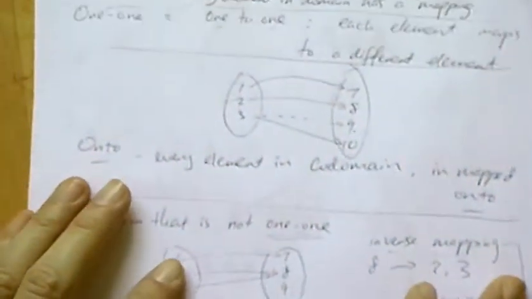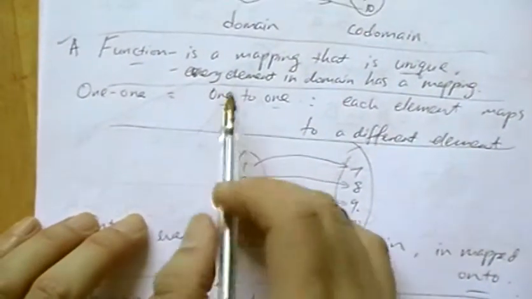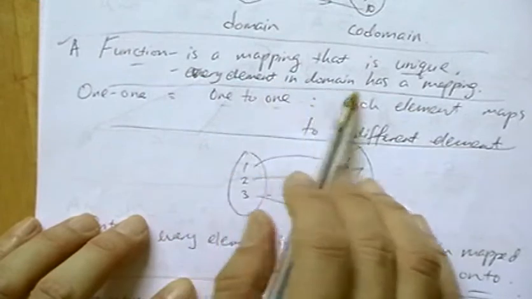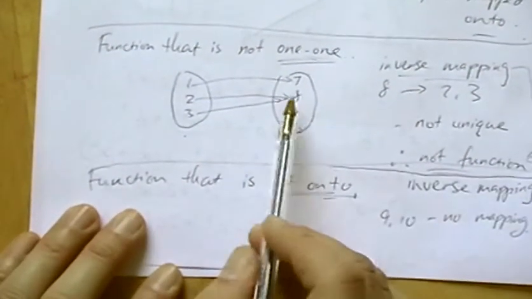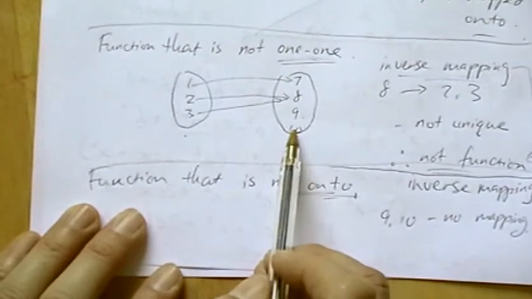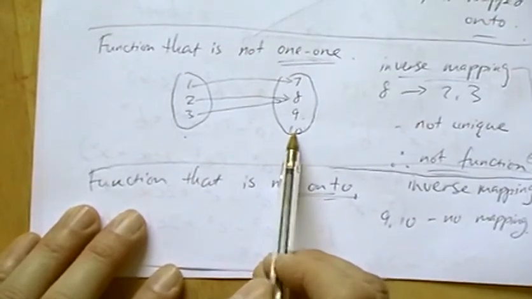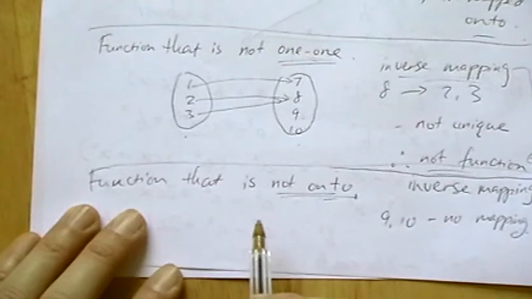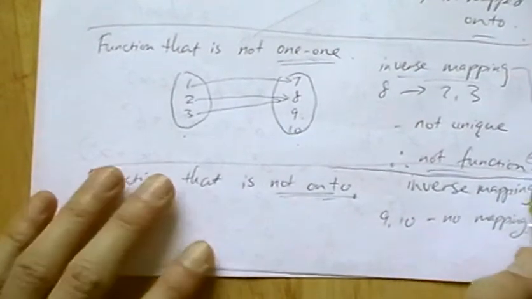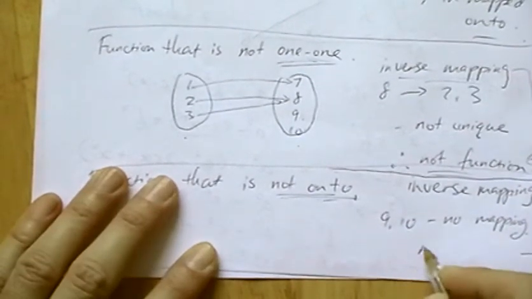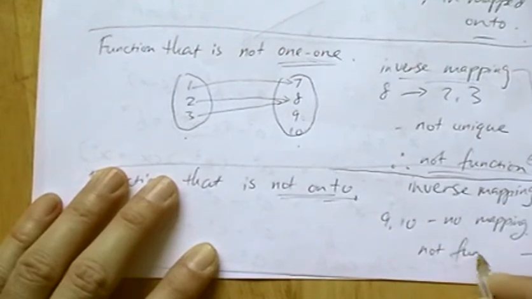Now if we look back at the definition for a function, every element in the domain has a mapping. Now in this case, since not every element in this domain has a mapping, therefore this inverse mapping is not a function.